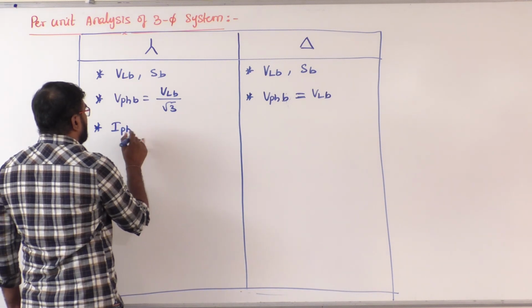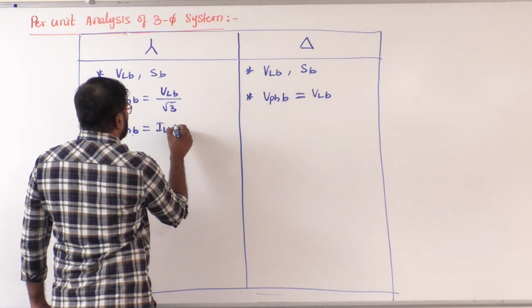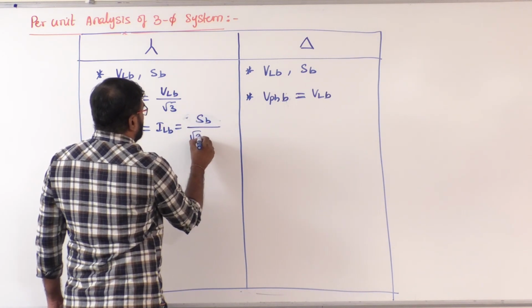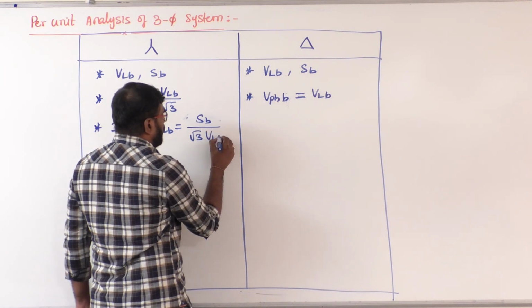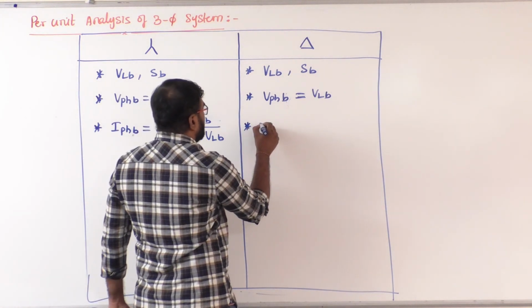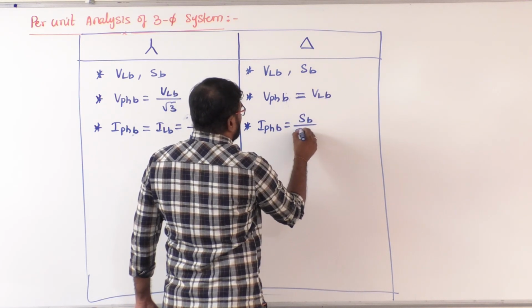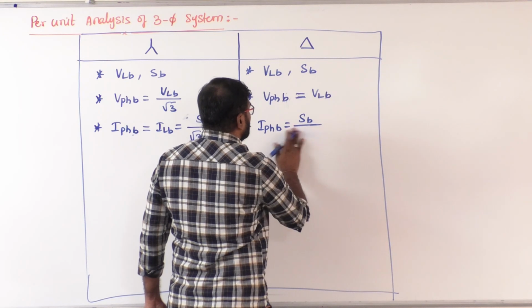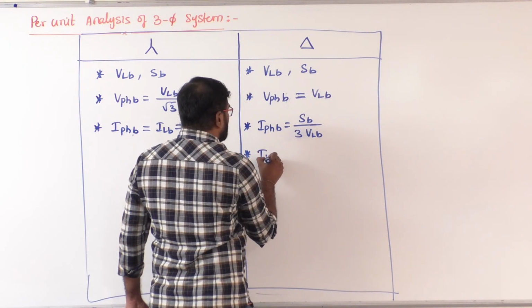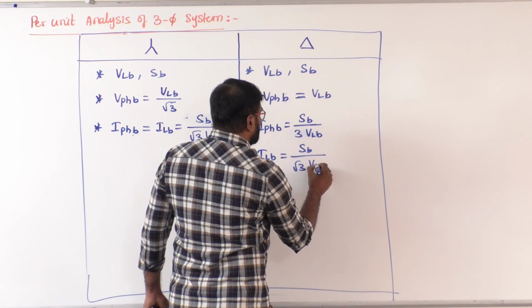For delta, I phase base is S base by 3 times V line base, and I line base is S base by root 3 times V line base.